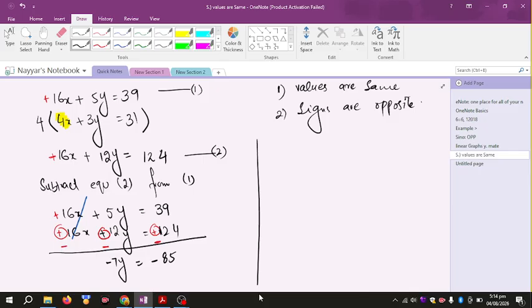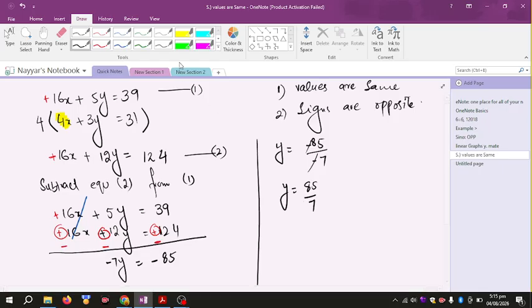So negative 85 divided by negative 7. The negative and negative signs will cancel out, or we can also say that when we divide, both negatives give a positive. So we get y is equal to 85 by 7. Now we cannot simplify 85 by 7 because 85 is not divisible by 7, right?